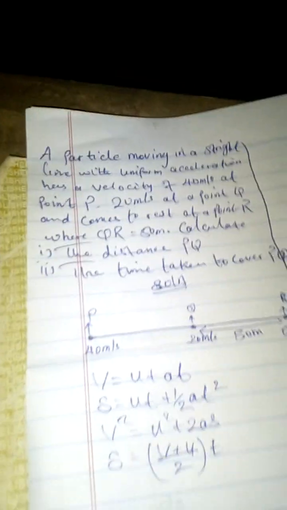Now, a particle moving in a straight line with uniform acceleration has a velocity of 40 meters per second at a point P. But acceleration is not given in this question. How are we going to solve for acceleration?